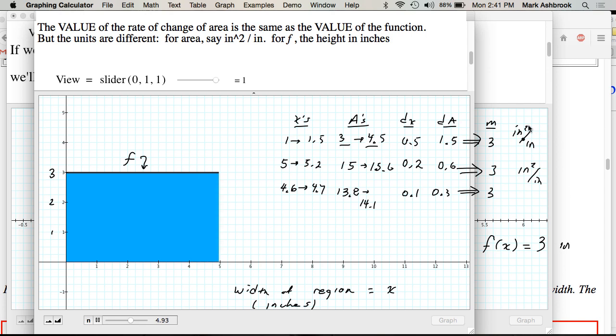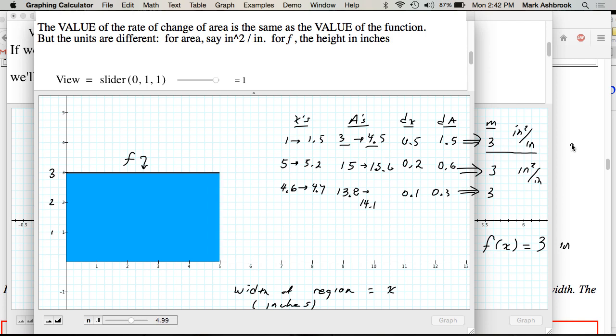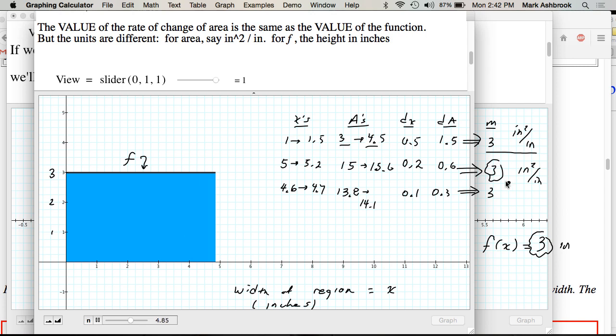We don't want to divide out an inch, inches squared over inches, and get inches, because we want this to truly reflect a rate of change of area with respect to a length. So we want to keep that inches squared per inch. But f of x is inches. But the key thing that we're going to use here is that the values are the same, noting that the units are different.